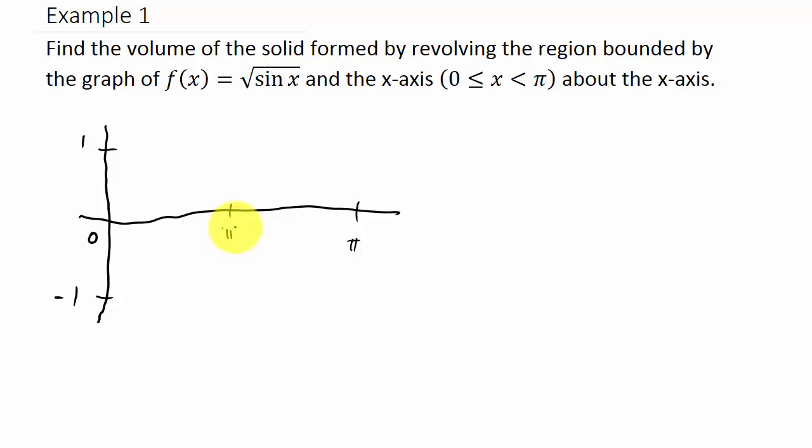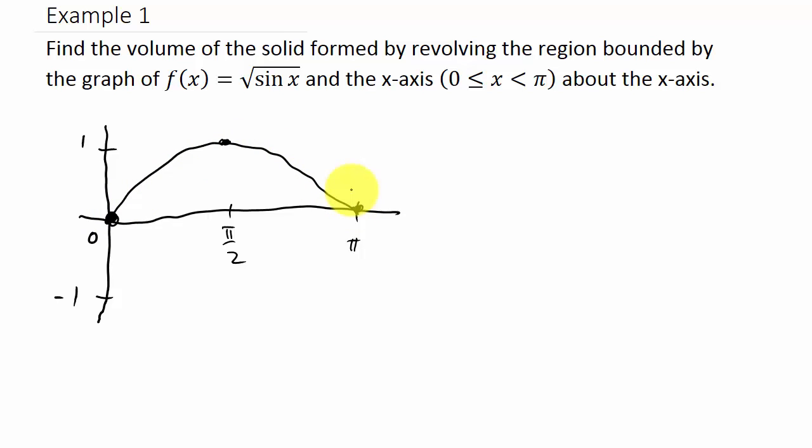There's a midpoint, pi over 2. When we plug in 0, sine is 0 and the square root of 0 is 0. If we plug in pi over 2, the sine of pi over 2 is 1 and the square root of 1 is 1. When we plug in pi, sine is 0 and the square root of 0 is 0. So we know our graph's going to look something like that.